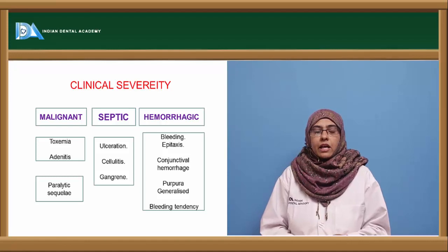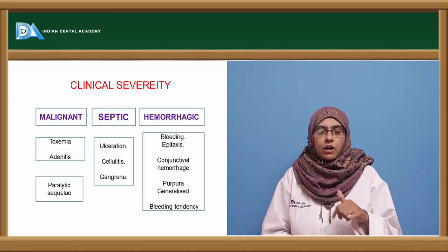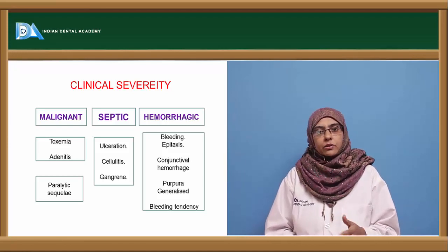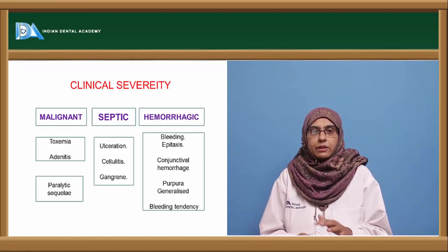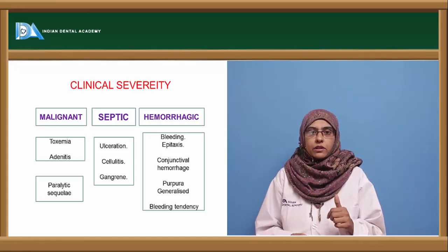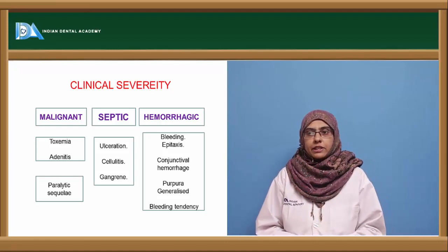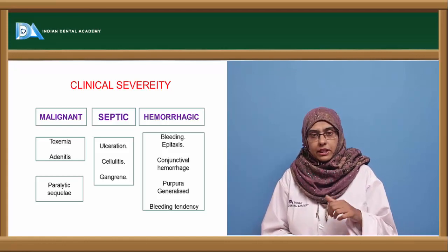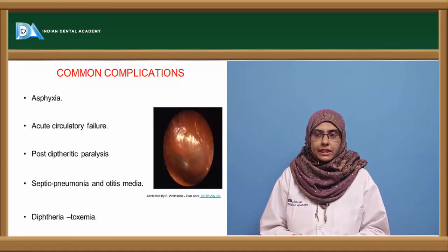Next is the septic form, which can lead to ulceration, cellulitis, or gangrene on the pseudomembrane, which can further progress to the hemorrhagic form, where you can see bleeding around the pseudomembrane, also involving epistaxis, that is nosebleed, conjunctival hemorrhage, or purpura, which involves skin bleeding, or can also lead to a generalized bleeding tendency.